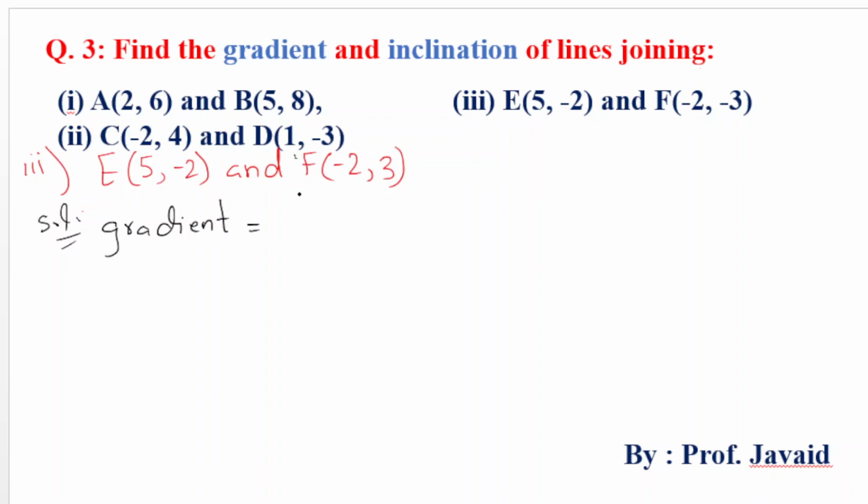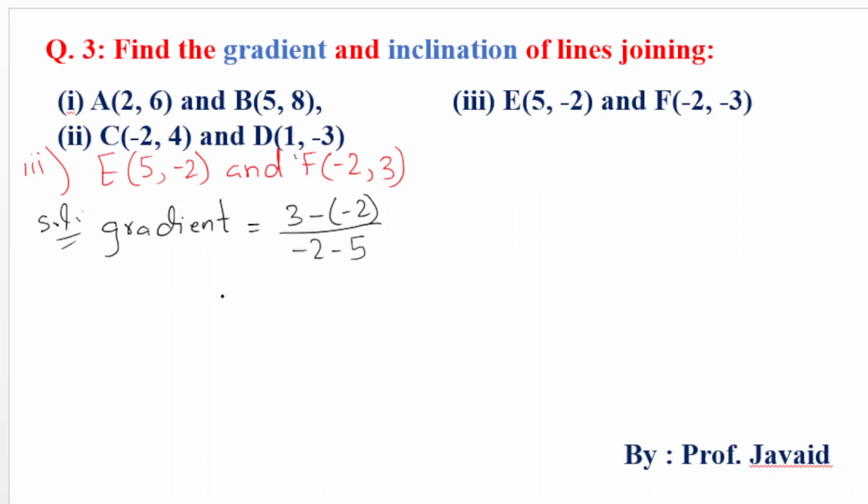So that will be equal to y2 minus y1 over x2 minus x1. So y2 is 3 and y1 is -2, so I put it in brackets, and x2 minus x1 is -2 and -5.